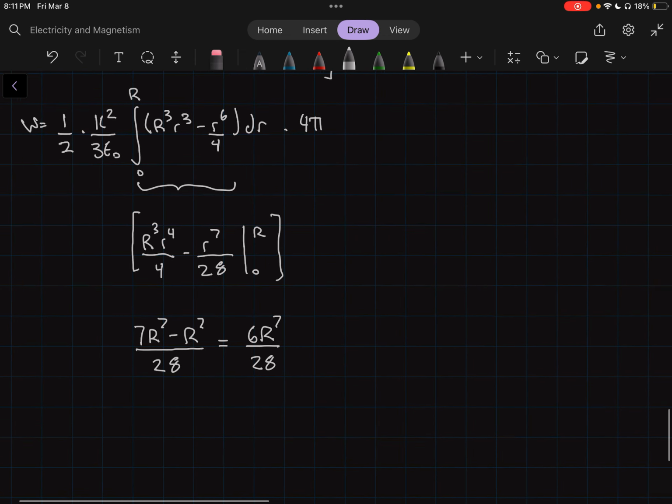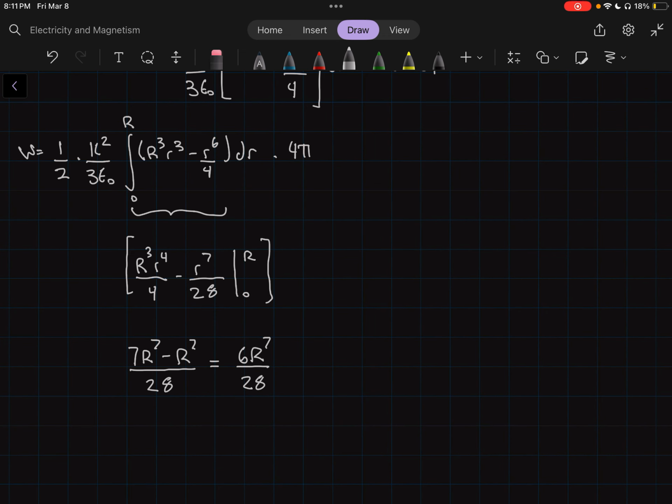So now we can go back up here and incorporate our constants and say k squared over 6 epsilon naught times 6R to the 7th over 28 times 4 pi.